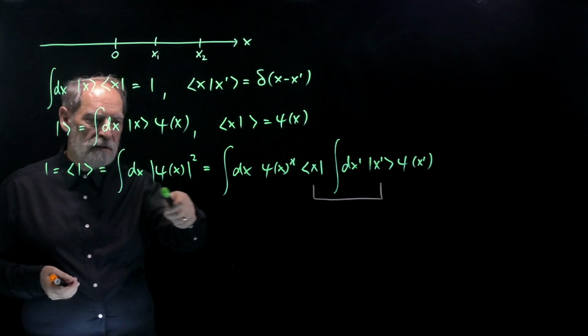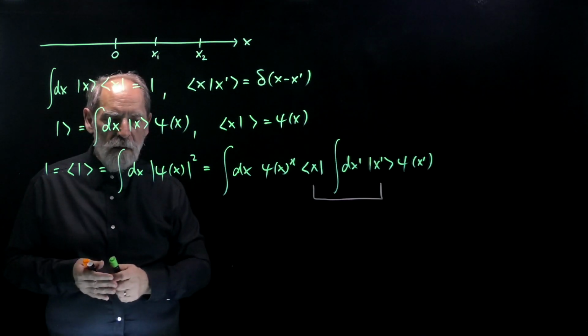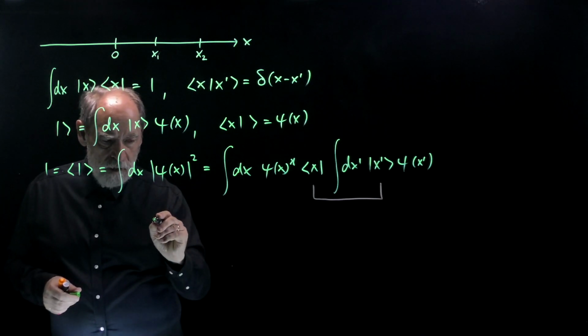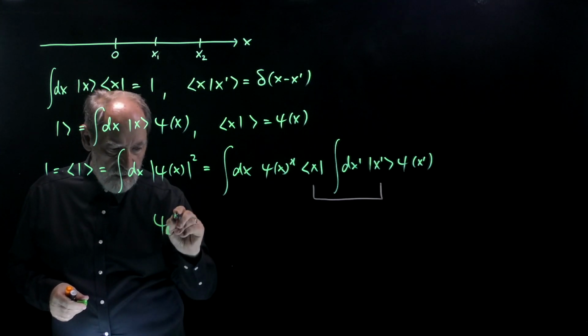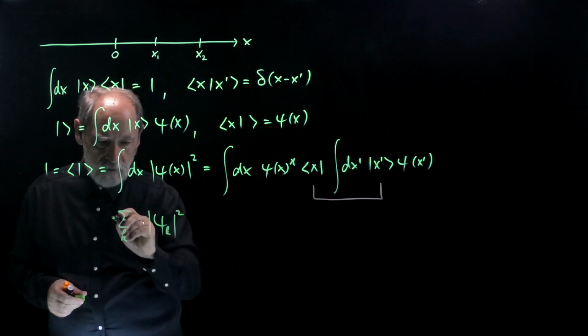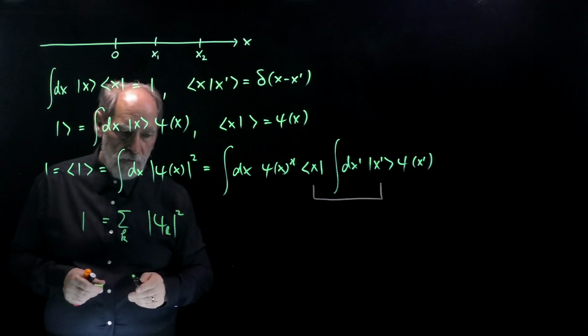So this psi of x squared is the analog of psi of k squared, where earlier we summed over k in the discrete case and got 1 for that.